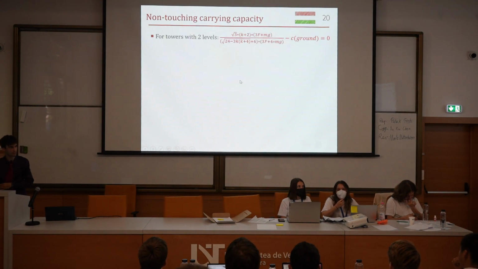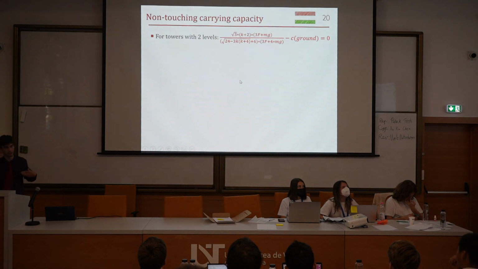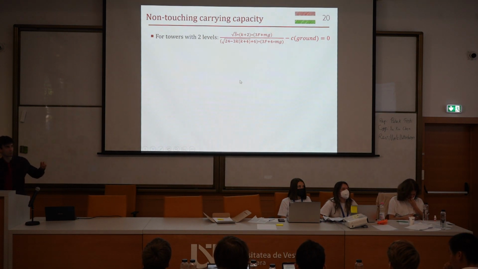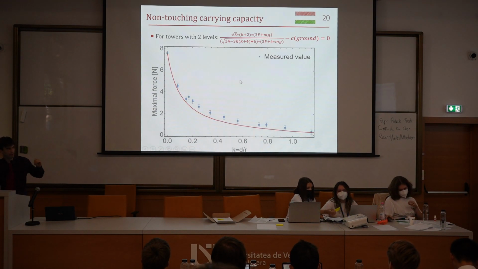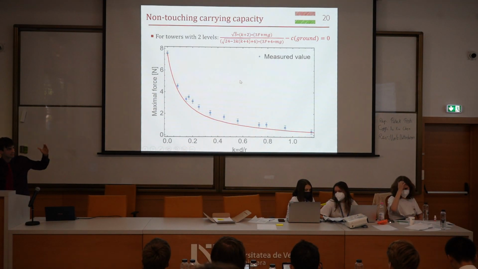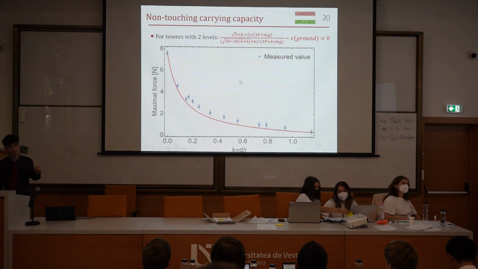Now, let's look at the force withstanding capability at non-zero distances between the balls. For a two-level tower, we get this complicated equation, but after plugging it in, depending on the value of k and the maximum force needed, we get such a graph.